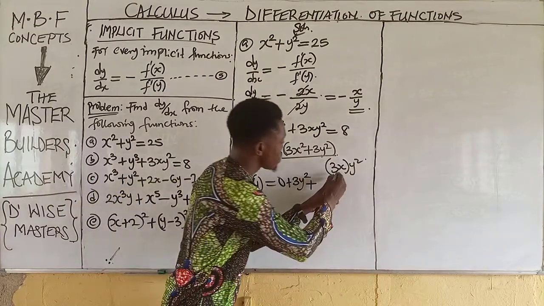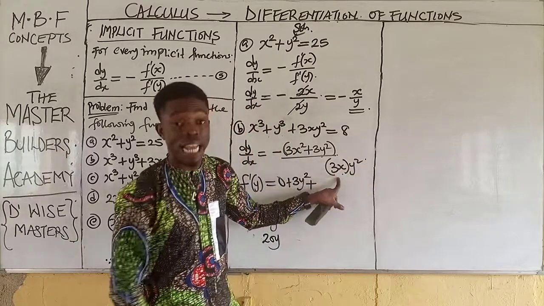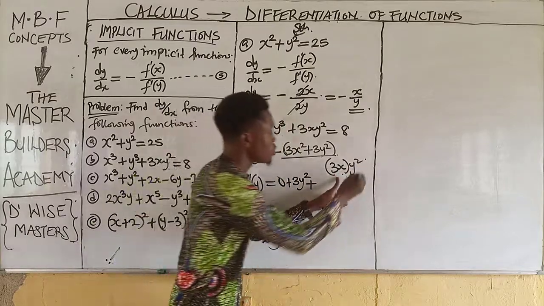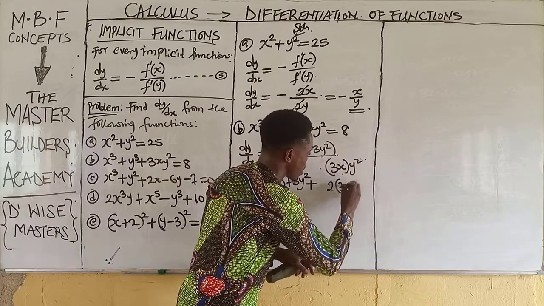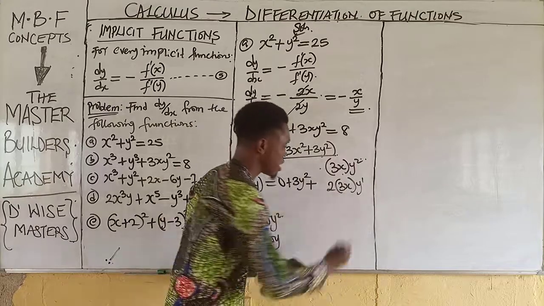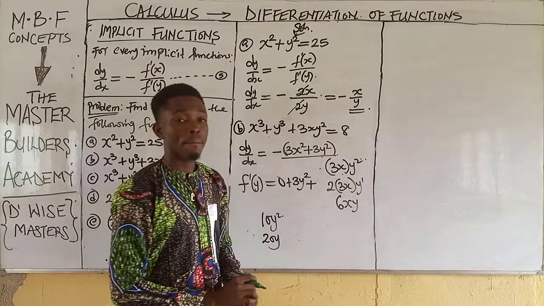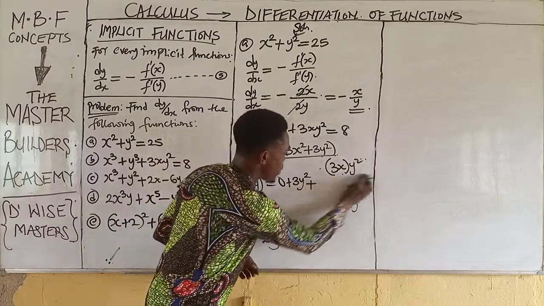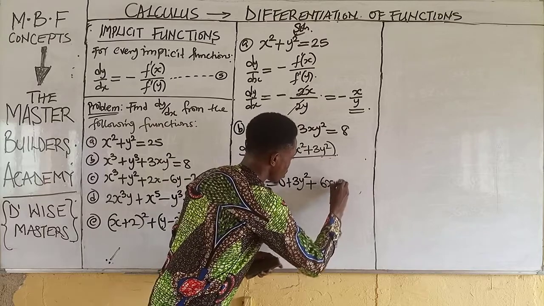So in this case, if this is 3xy squared and I'm differentiating with respect to y, that means 3x is constant. And what happens? This power will come down. This will have given us 2 multiplied by 3x y. When you reduce 2 by 1, you have 1. And when I multiply this, this will have given us 6xy. So here, I will now put down 6xy.